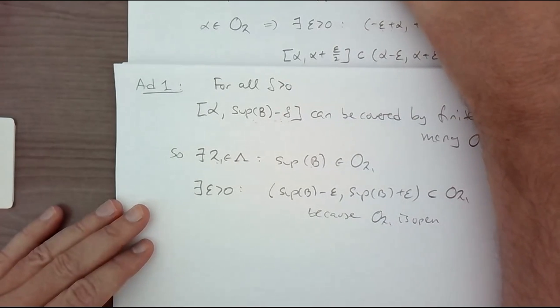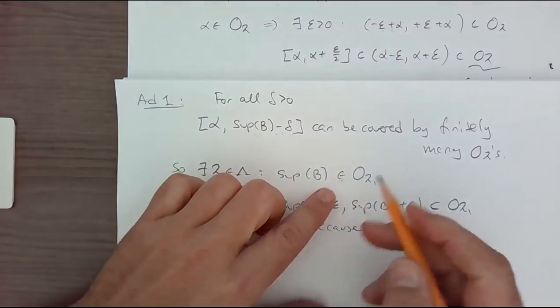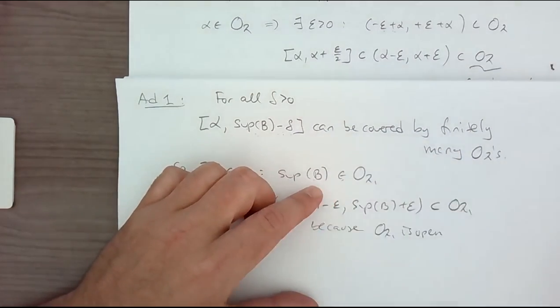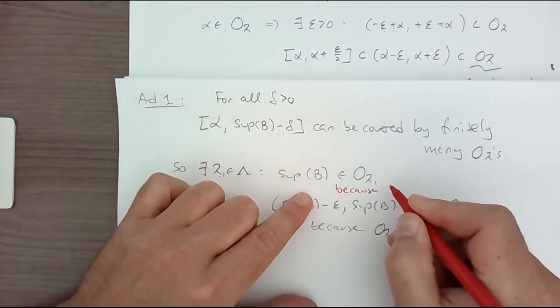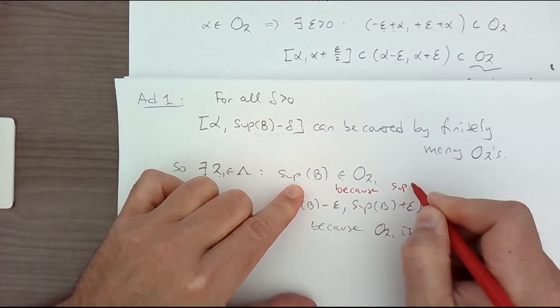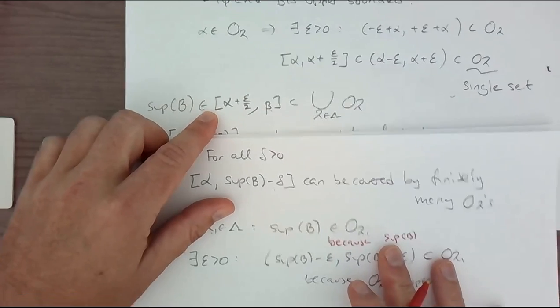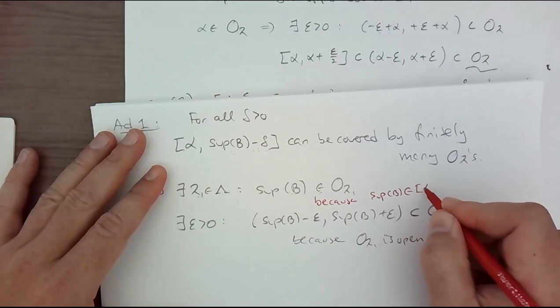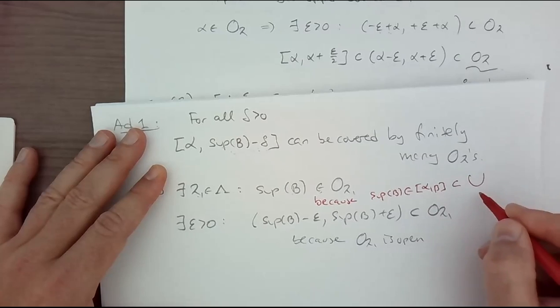Okay, so Priya has a question. Let's see what Priya says. What implies that the supremum? So that's this one here, right? This is because, let me write that right here, you know that the supremum, what we argued over here, takes its values in alpha to beta, and this thing is inside that union.